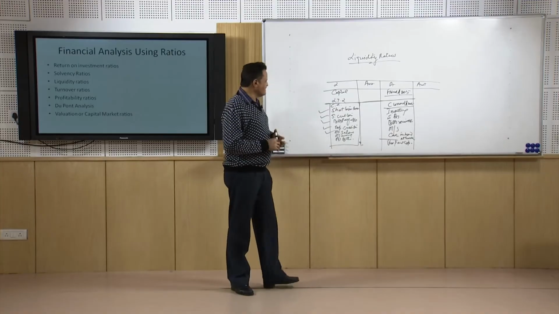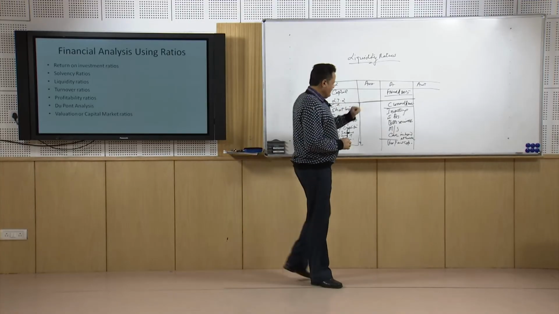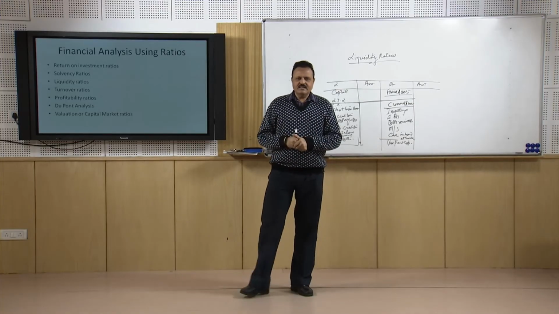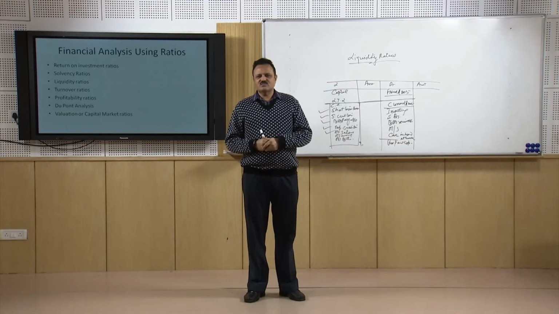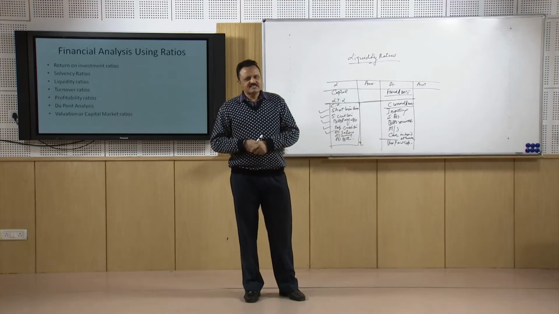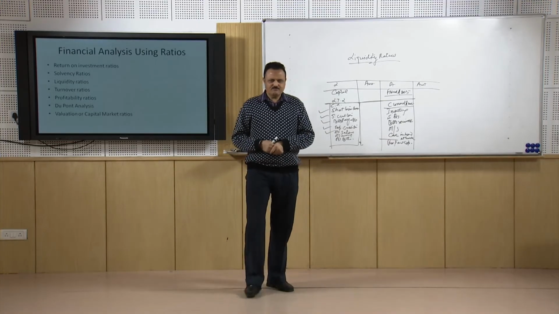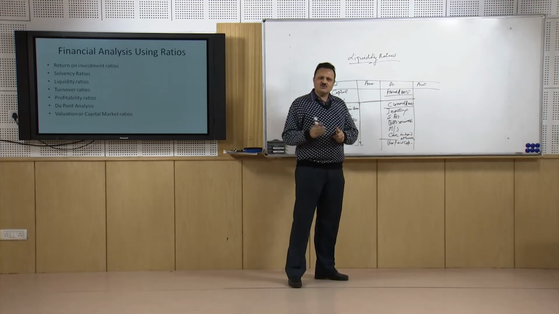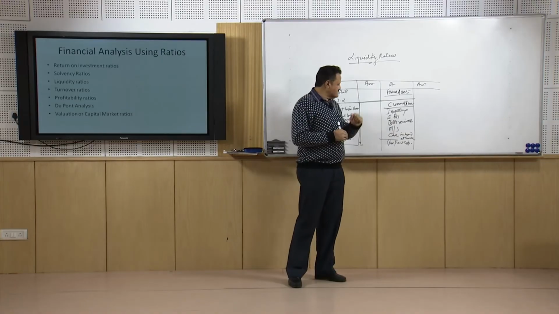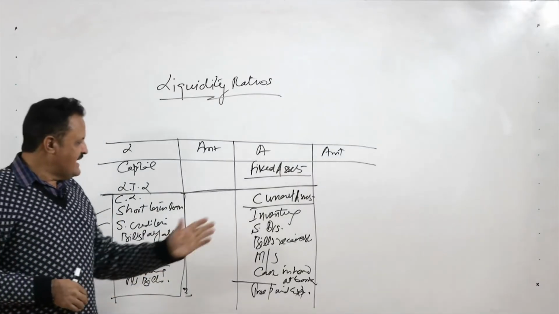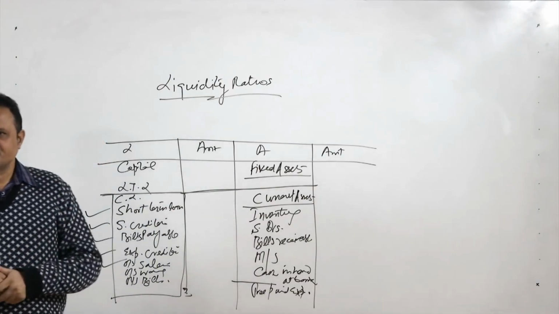Then another important component is the fixed assets. If the firm has a very good amount of fixed assets, the use of those fixed assets to a larger extent will depend upon whether the firm has a sufficient amount of liquidity or not. For example, if you do not have the inventory, if your sales are not going to the market, if sufficient cash is not available, then what will these fixed assets do?